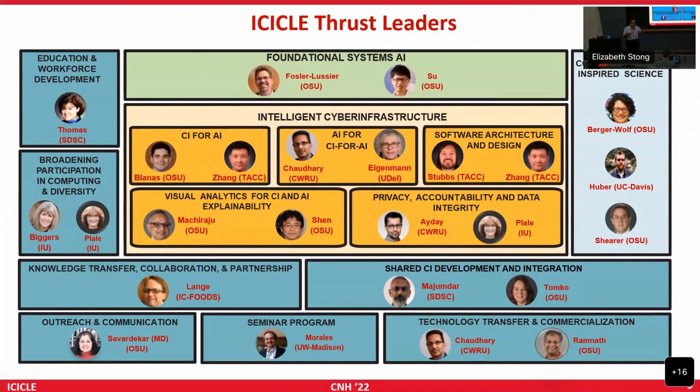So this big project has been divided into a lot of different thrusts. Just like I said, CI for AI, AI for CI, software architecture, analytics. But besides the technical issues, there is a lot of focus on generating workforce development.